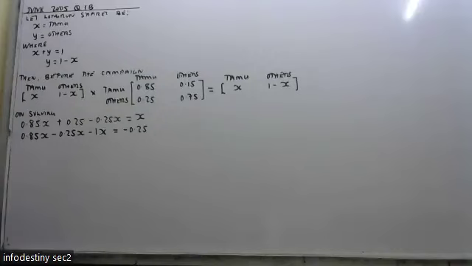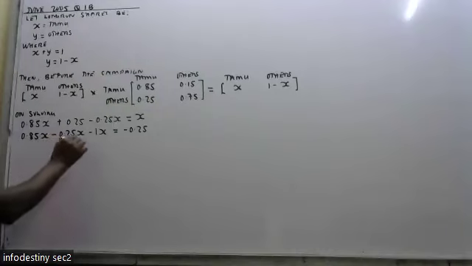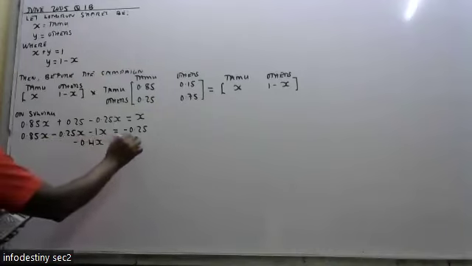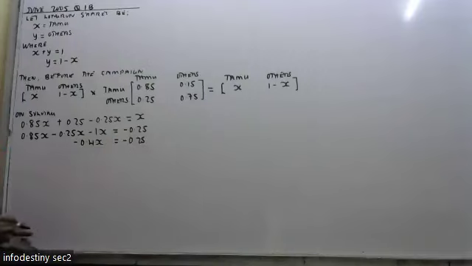This becomes 0.85 minus 0.25 minus 1, giving minus 0.4X equal to minus 0.25.